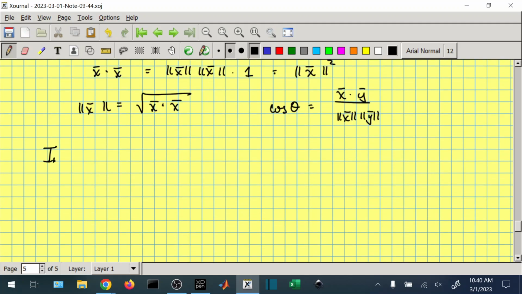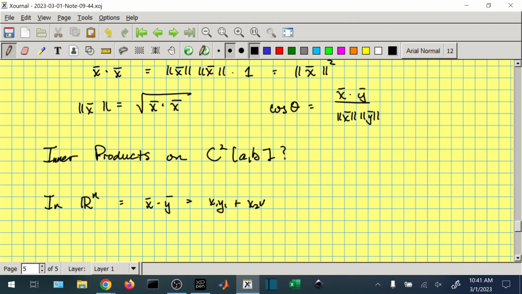So the question is, what do inner products look like on these abstract vector spaces? What does it look like in Rn? Well, you multiply the first coordinates, and you multiply the second coordinates, and you multiply the third coordinates, and you do that for all the coordinates, and then you add them all up.